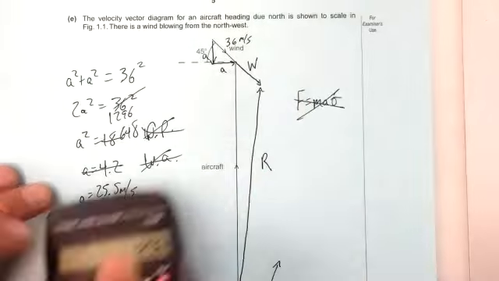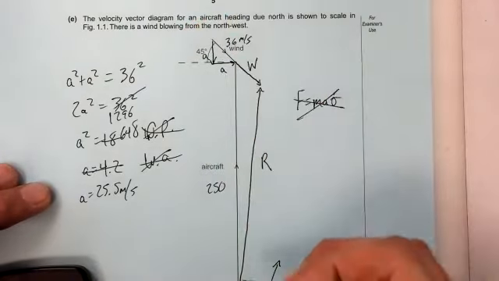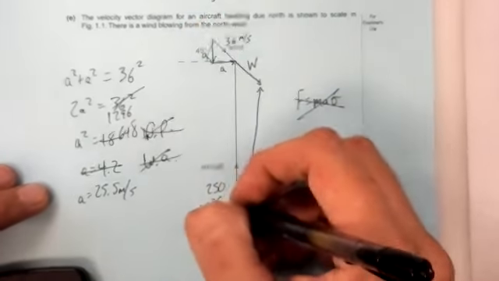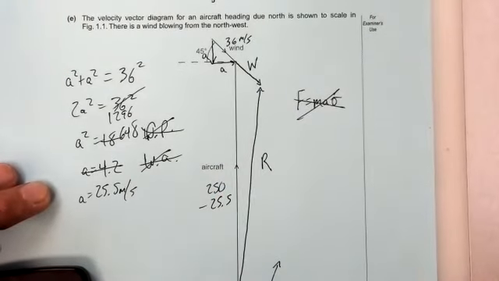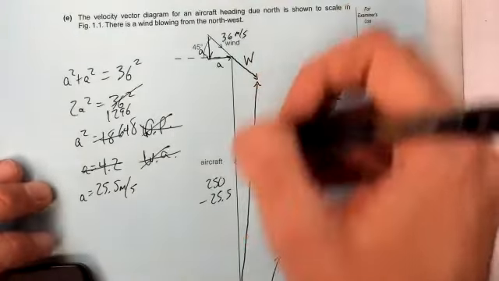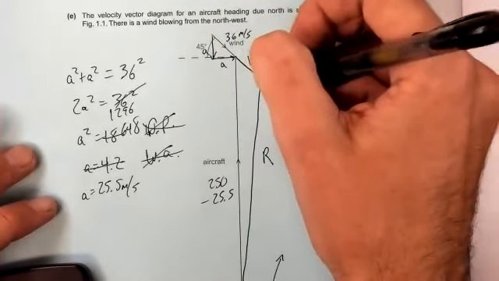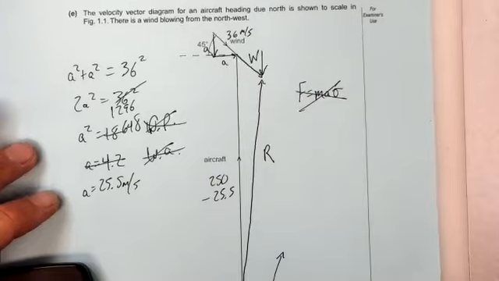All right, so we've got an aircraft going north at 250, but we've got some wind pushing back at 25.5. I know that those two vectors oppose each other. In other words, I'm calculating the net north component of this resultant vector here. So it's going to be the 250 minus this south component, which I know is 25.5.